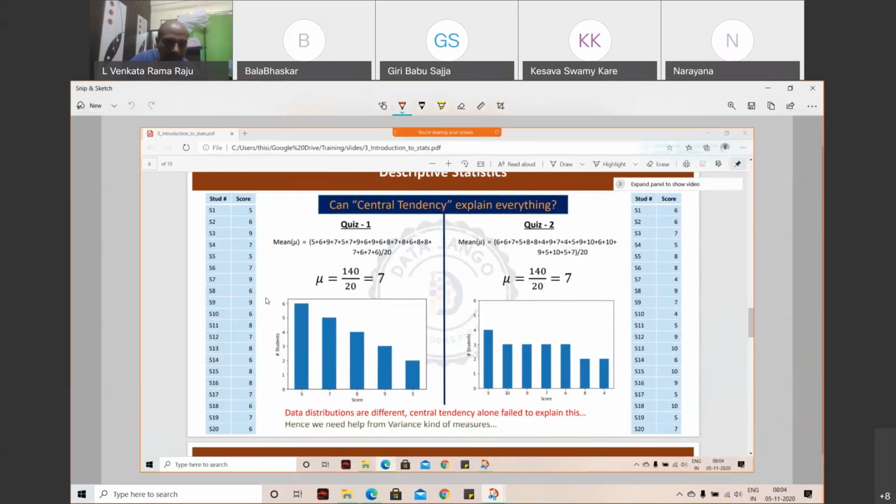Variance is defined as sigma square or s square. If the data is a sample, we say s square. If the data is a population, we say sigma square. We are saying the mean is the central point, and we measure the distance between the mean and the other data points.